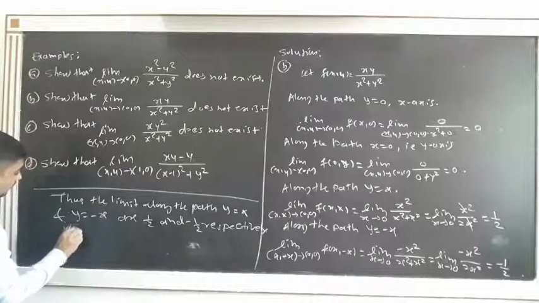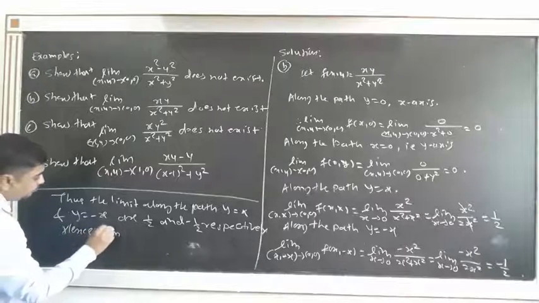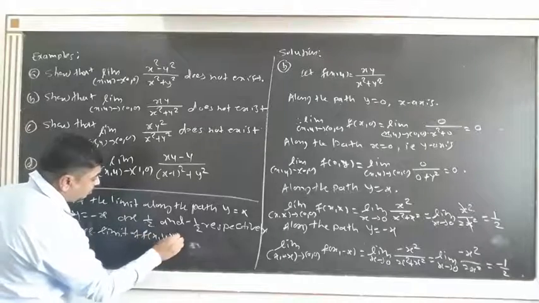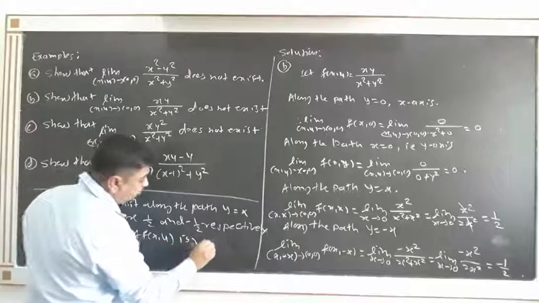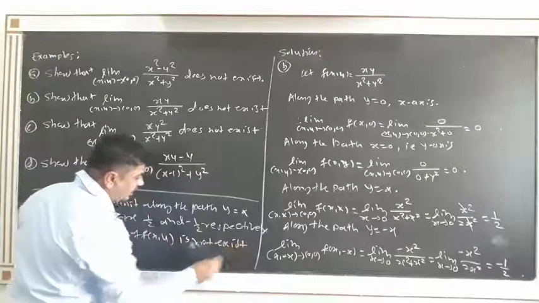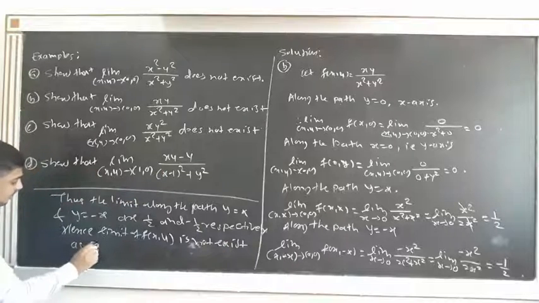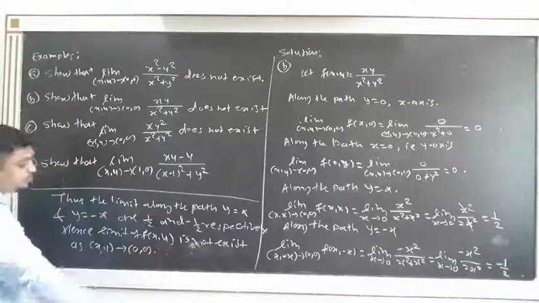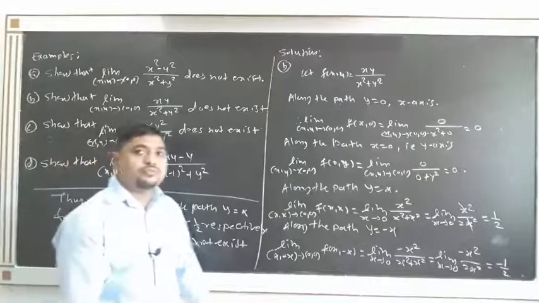Hence the limit of f(x,y) does not exist as (x,y) approaches or tends to (0,0).